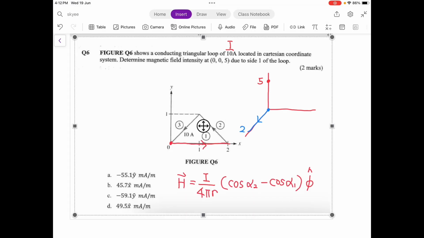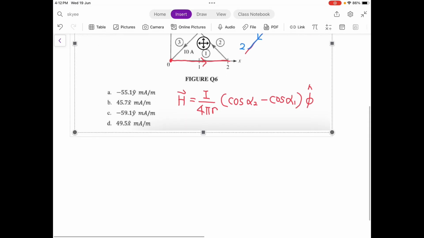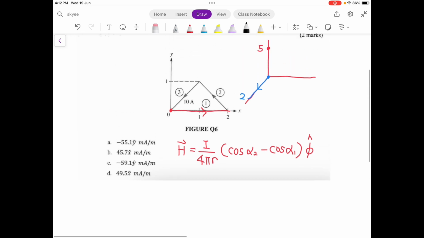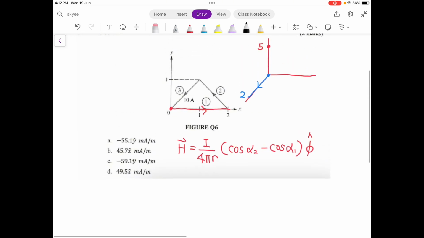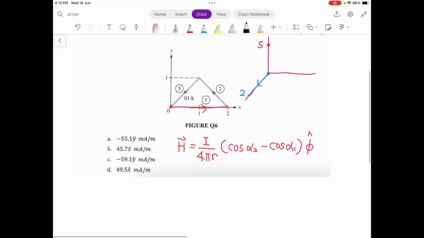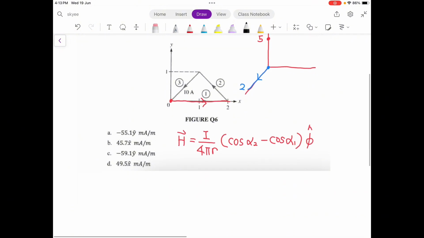Okay, so let's find the answer for this H. First of all, we need to find out what is the R. The R is the distance from the line, the blue current element. First, we need to find out what is point T. In this case, our point T is 0, 0, 0.